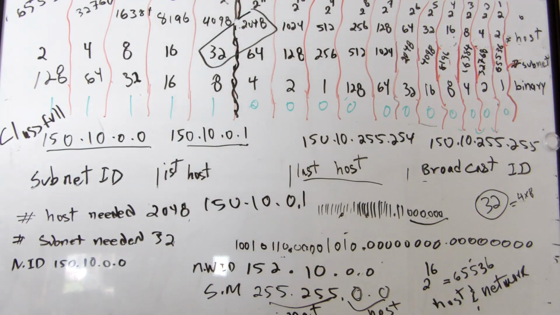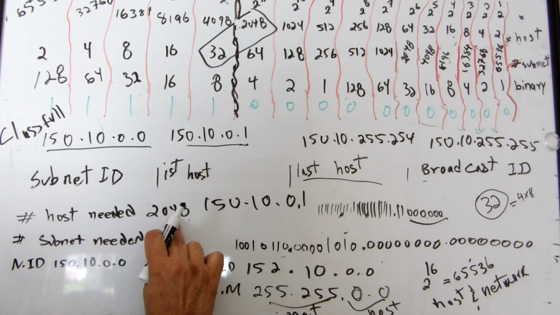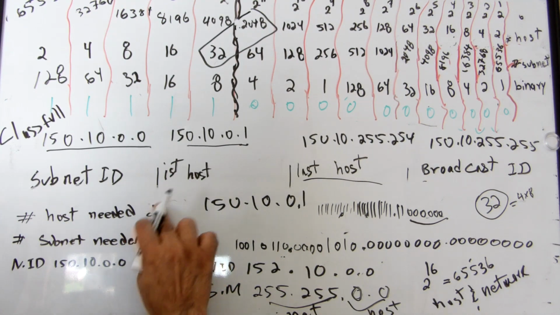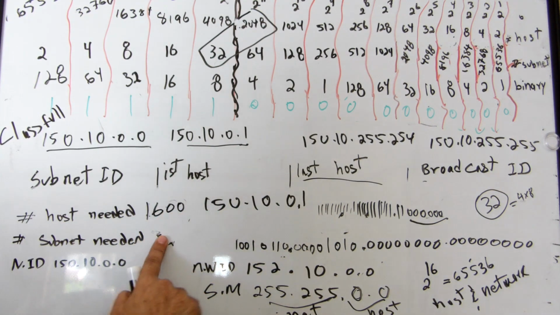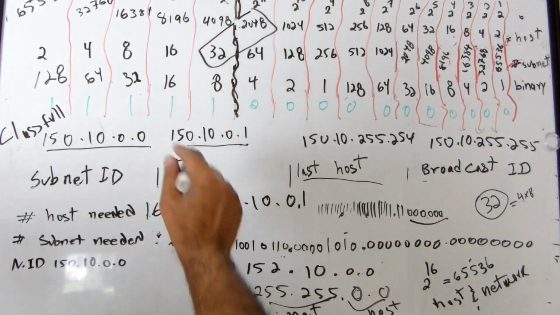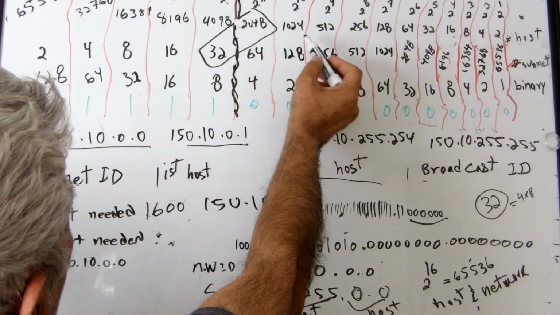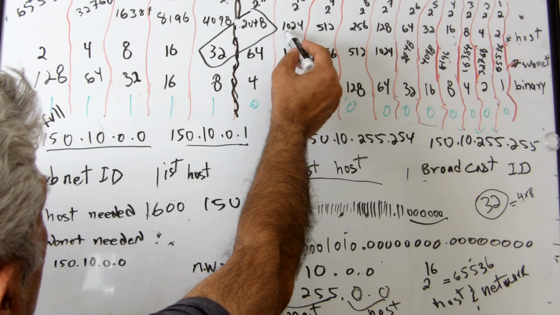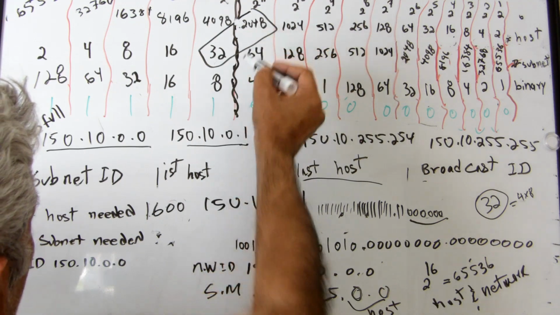See, for example, they say the number of hosts we need is 1600. Okay, you need 1600. You look here, this class B is this 1600. So you can't use this one because it's only up to 1024 hosts. But you have to choose this one.